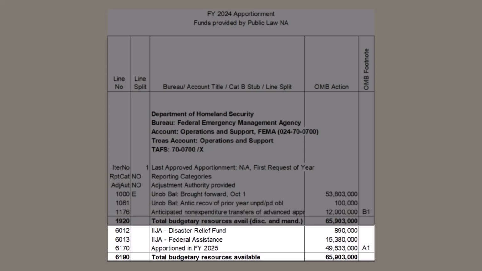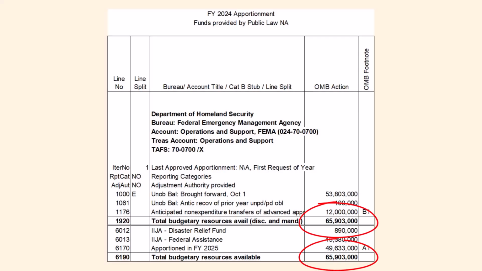In the application of budgetary resources section, we see 3 lines, 2 category B program controls for disaster relief fund and federal assistance, and a third line showing funds apportioned in FY 2025. This third line is our category C example, funds reserved for future fiscal years spending. Notice that the total budgetary resources available exactly matches the total application of budgetary resources, confirming our budget equation balances.